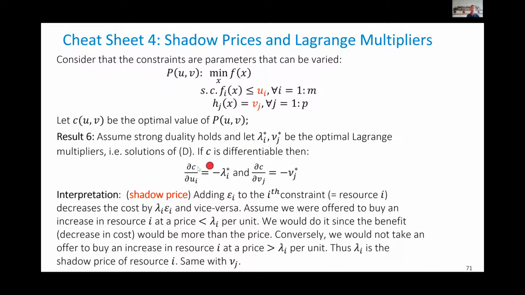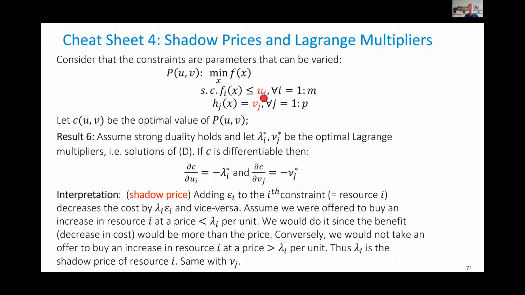So if I have a problem where strong duality holds, so typically it's convex and not too nasty, for example, linear and feasible, then if, in addition, the cost is differentiable, which is not always the case, but very often is, then the optimal cost of this problem, I may formulate it as a function of the right-hand side of the inequalities.